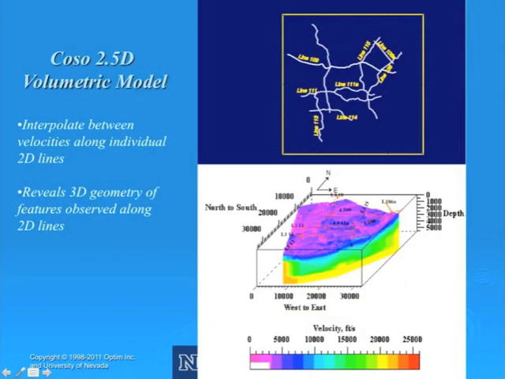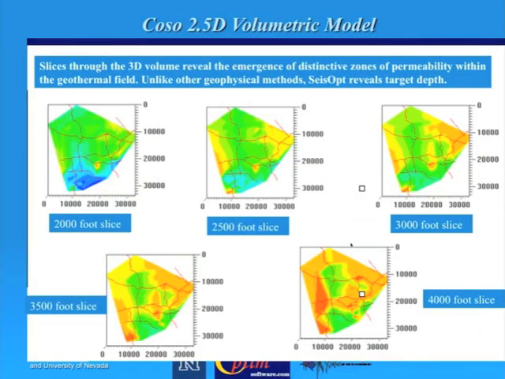All right, so same process. We make a volumetric model from the 2.5 dimensional data, right? It's a network of 2D lines. We interpolate between the velocities along the individual 2D lines, and that reveals for us the 3D geometry of the features.